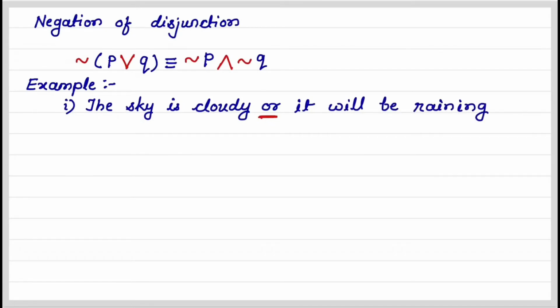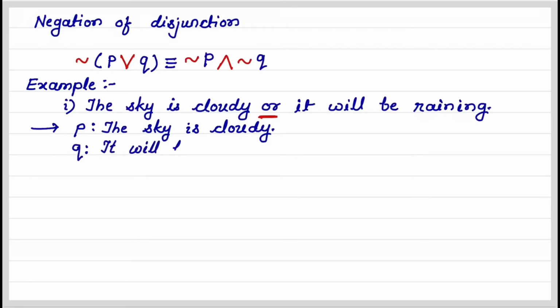First of all, we will write separate statements. First statement is the sky is cloudy, and second statement is it will be raining. Symbolic form of this statement, since the logical connective used is or, is P or Q.